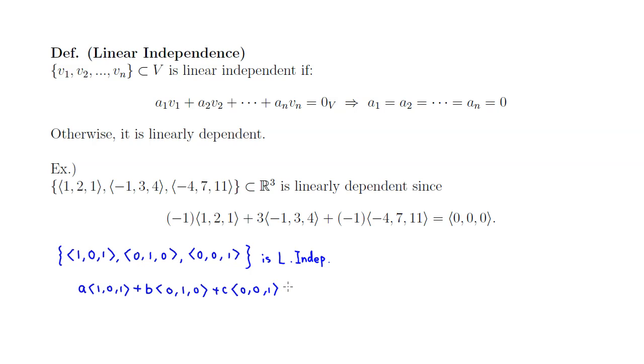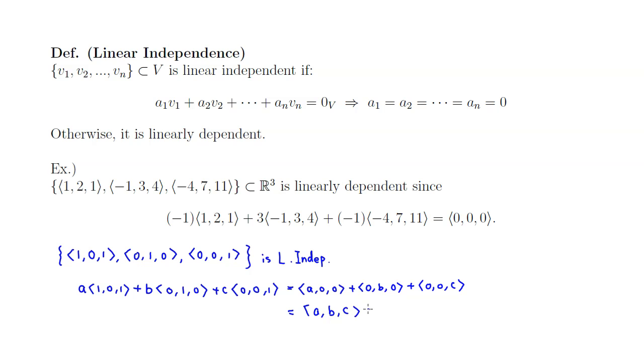If you compute it, A times 1 is A, A times 0 is 0, A times 0 is 0, and B times 0 is 0, B times 1 is B, B times 0 is 0, and C times 0 is 0, C times 0 is 0, C times 1 is C. And if you add it up, we see that A plus 0 plus 0 is A, 0 plus B plus 0 is B, and 0 plus 0 plus C is C, right?